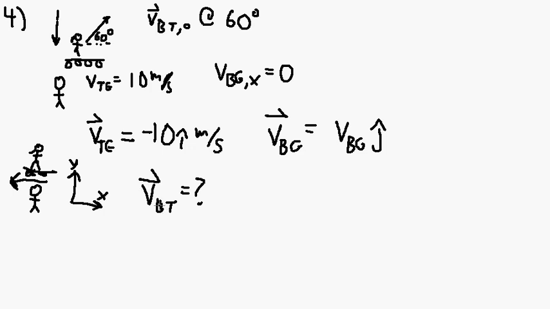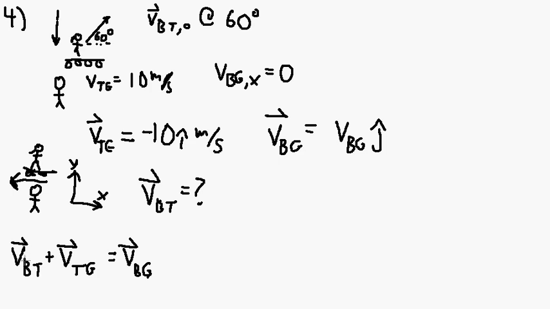But the vector velocity of ball with respect to train, train with respect to ground, and ball with respect to the ground. So you look at these three, figure out which way you can make an addition from them, and that is to take BT and TG. So velocity of the ball with respect to the train plus velocity of the train with respect to the ground equals the velocity of the ball with respect to the ground, right?